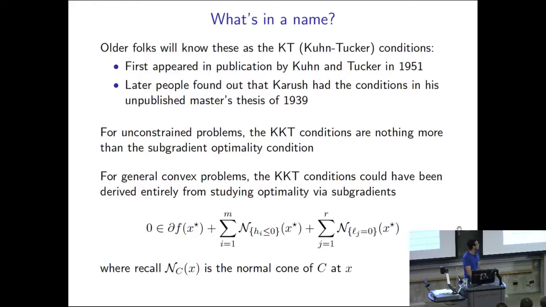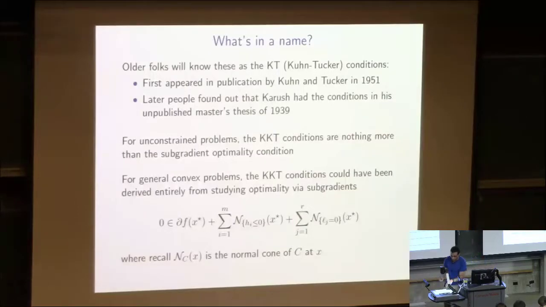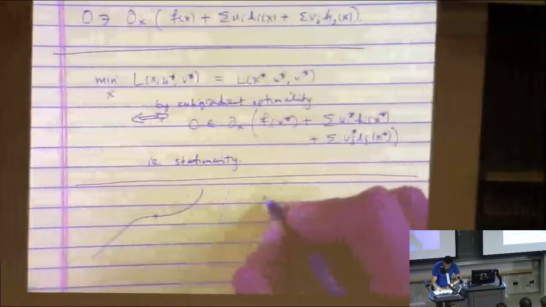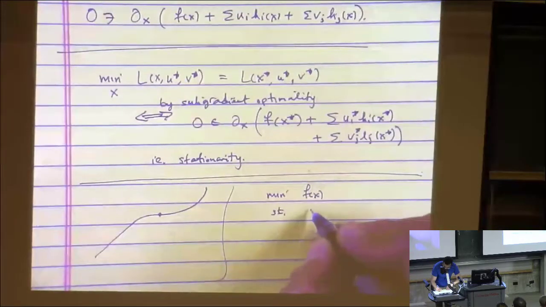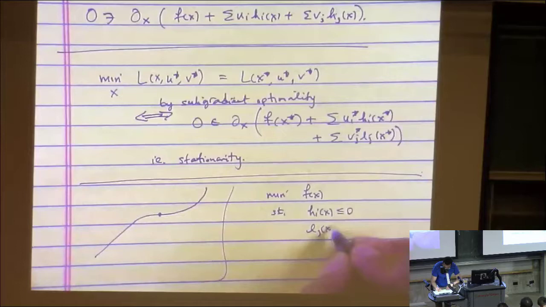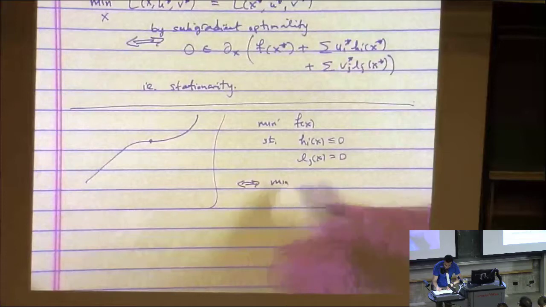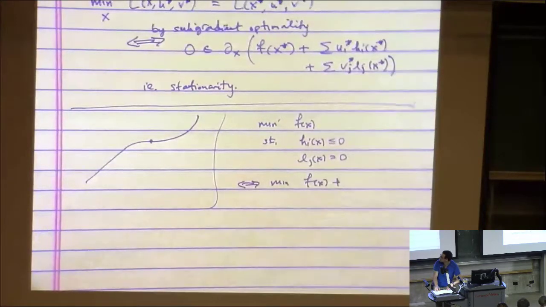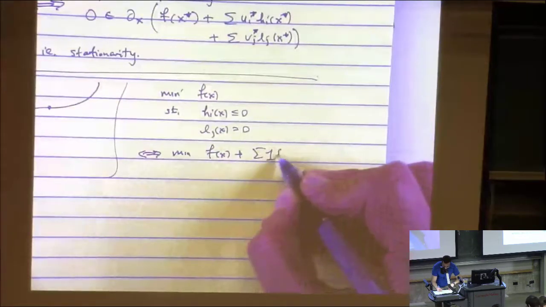And one other note is that if we looked at general convex problems, we can write any constrained problem as an unconstrained problem. We did this trick before: minimizing f of x subject to a bunch of h_i less than or equal to 0 and a bunch of l_j equal to 0 is equivalent to minimizing f of x plus the sum of indicators that the constraints hold.